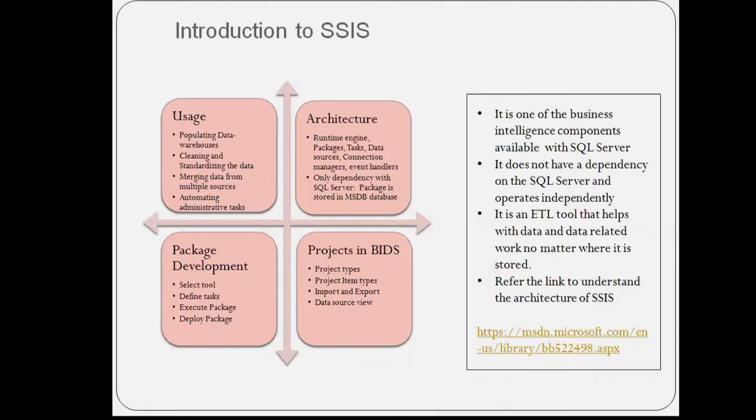In SSIS, or basically in MSBI, you have a task called the maintenance task. If you go to that maintenance task, you find all these transformations like scheduling a job, taking a backup, deleting a backup, or cleaning up log files. All these various categories are available. So we can develop some packages and schedule them. It will do that activity on time, and if there is a failure or success, it will send notifications to you.